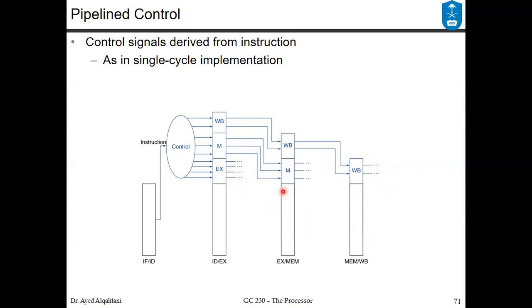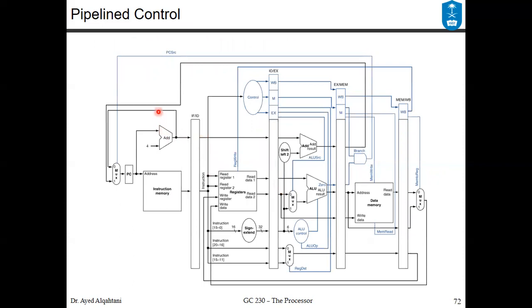So at this point, here's what happens in the pipeline control. The same idea that we just mentioned. We have the control right here, and these three are the execute, memory, and write back.